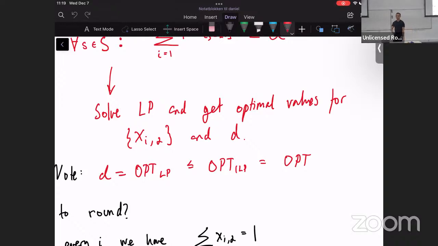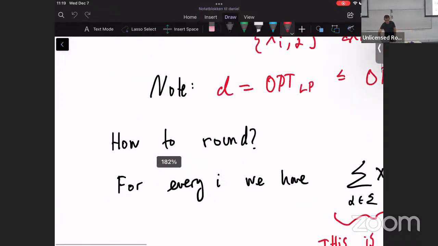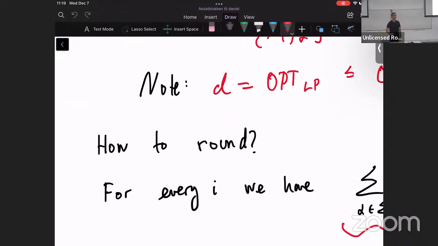All right. Now the question is, how do you round? A fairly natural thing to do, probably the first thing I'd try if I saw this, is that at every position, the LP variables vote which character you should take.